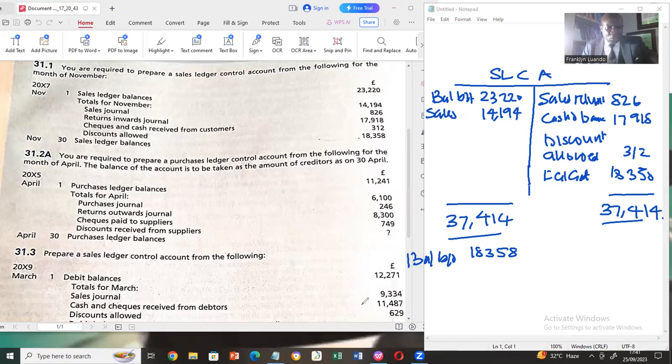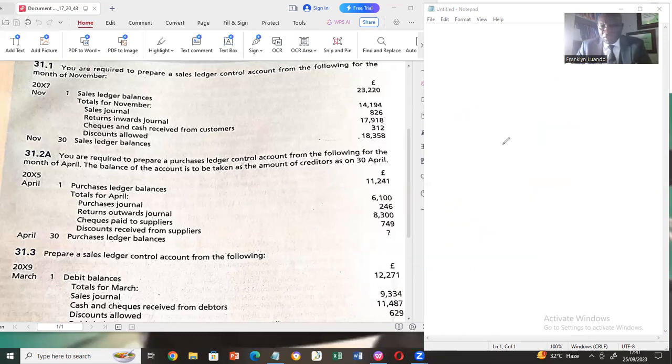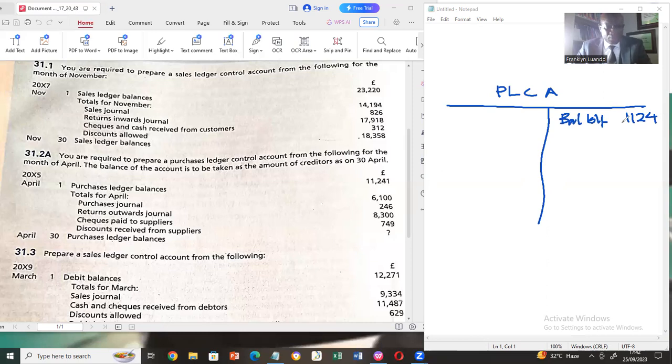So I want us also to do the purchases, which is this one. The purchases ledger control account. This one, the opening balance is credit. The balance brought forward 11,241.